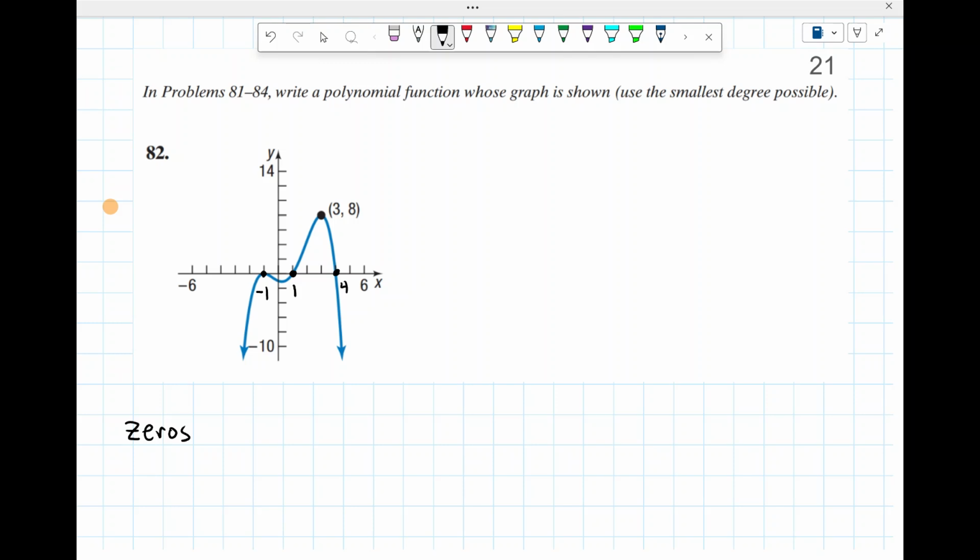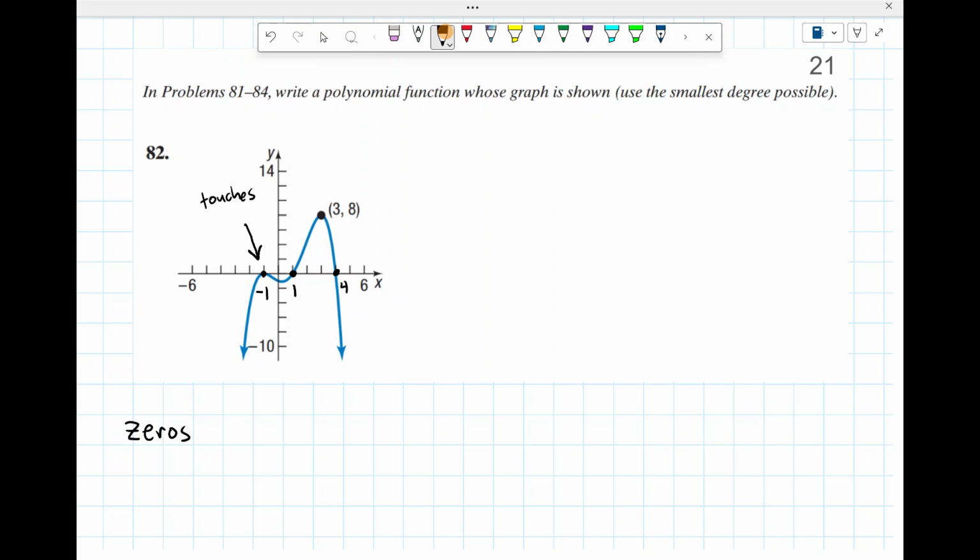So look at this first example. Here, my graph does not actually cross. It goes up to that point, touches, and then turns back around. So we say that the graph touches at -1.